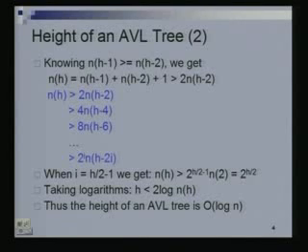N of h is that quantity. This is just a function. Don't confuse this n with the number of nodes. You can replace this n with something else. N of h is the minimum number of nodes in a tree of height h. So you said that n of h is less than n.